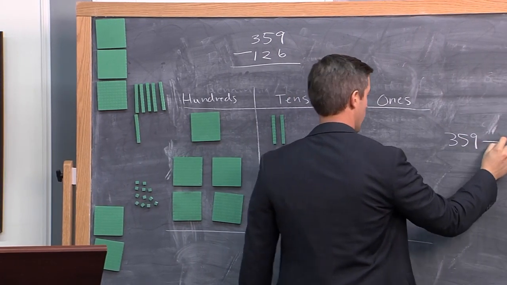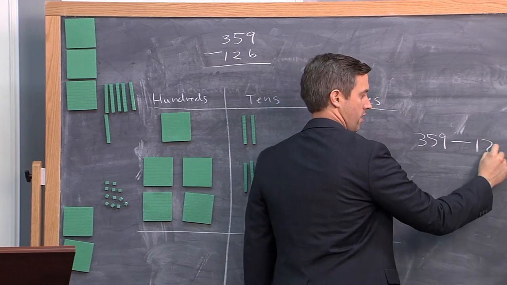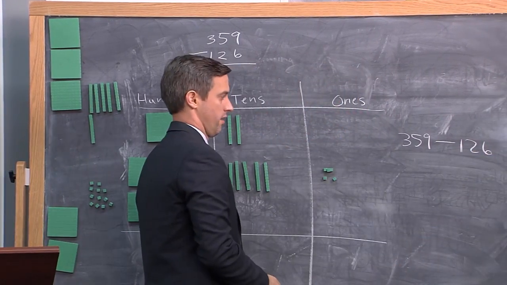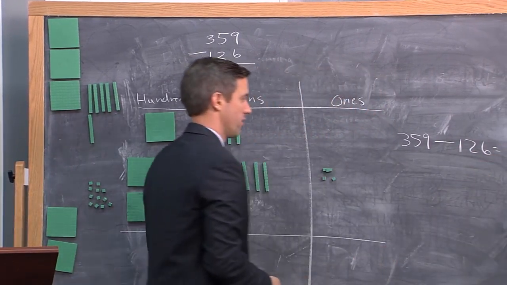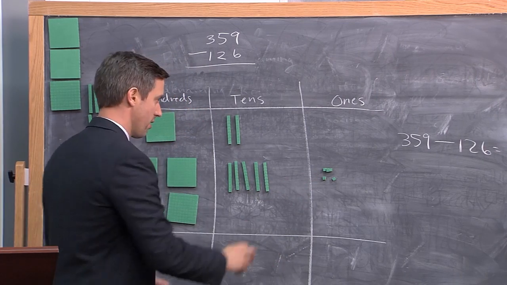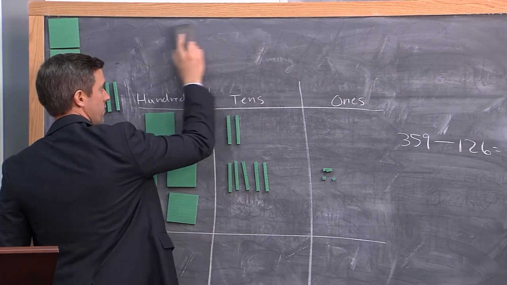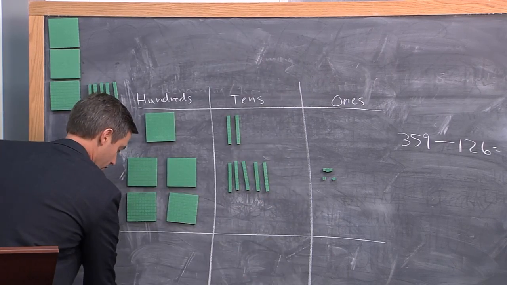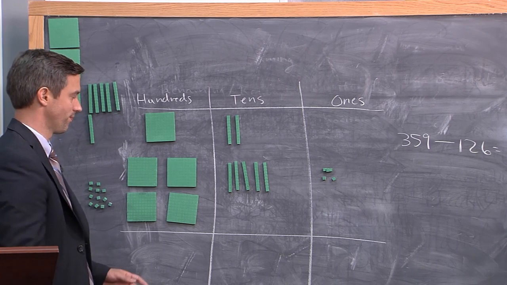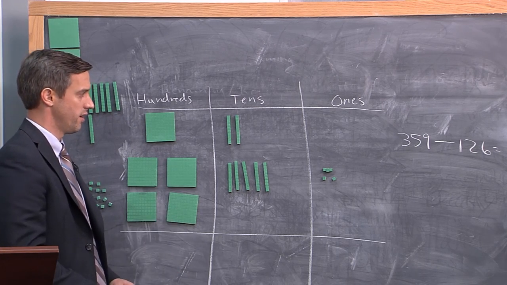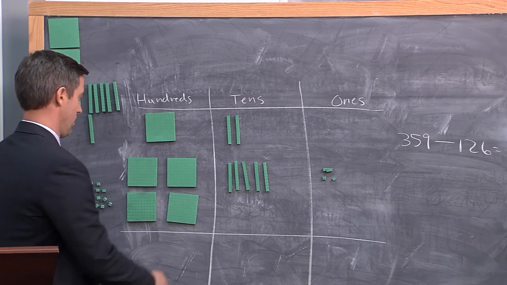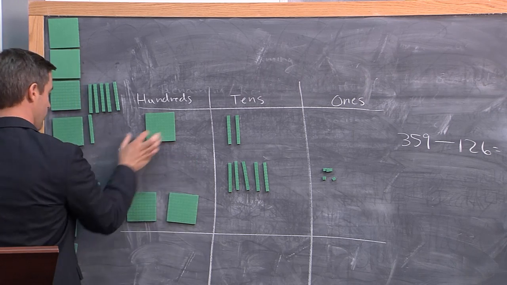And the reason it's written horizontally in your book is that they're wanting students to get in the habit of making those number bonds. So for a long time, they're going to be written horizontally and not vertically. So 359 minus 126. Let's take these off so as to not confuse.